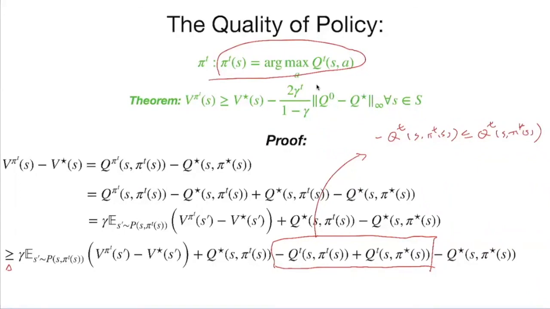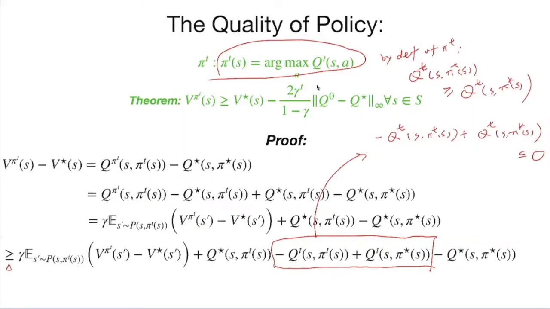Actually, sorry, my bad. This is an inequality, right? So this literally means that by definition of pi t, Qt of s, pi t of s must be bigger than Qt of s, pi star of s. Because pi t looks at the value of Qt and picks the action that achieves the maximum value of Qt.